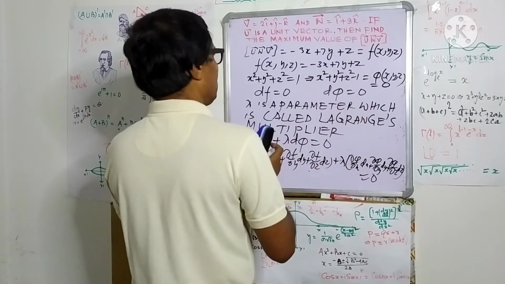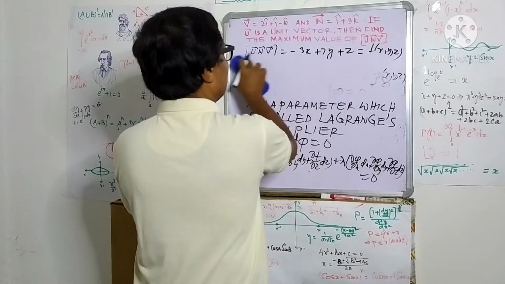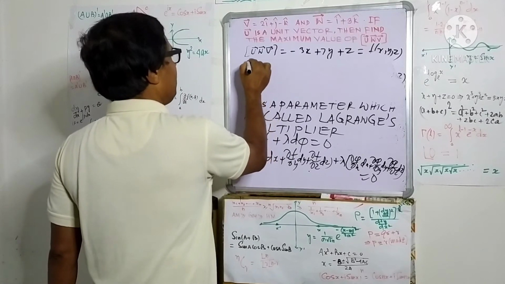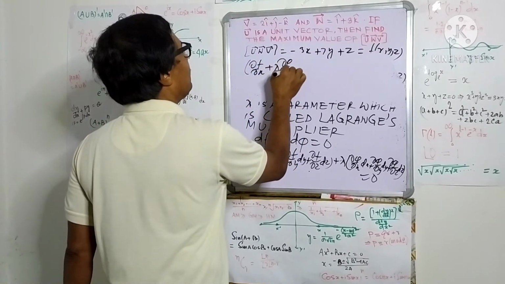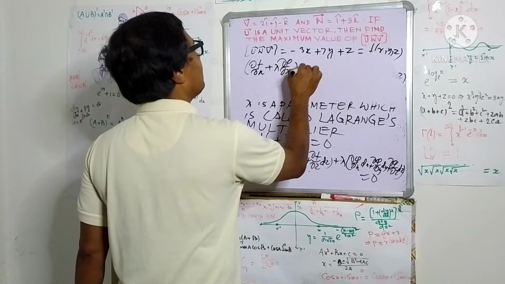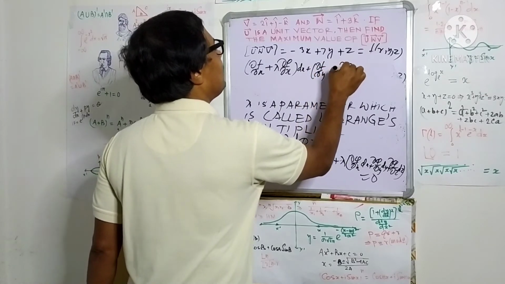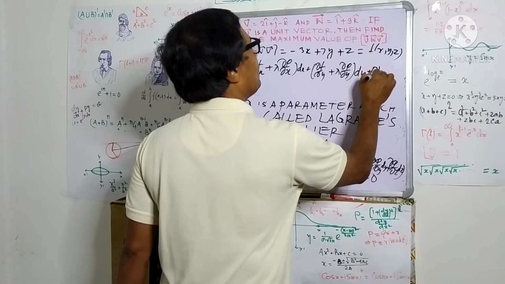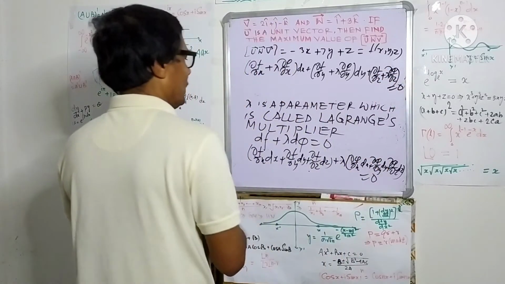If we rearrange this, we get (del f del x plus lambda del phi del x) dx plus (del f del y plus lambda del phi del y) dy plus (del f del z plus lambda del phi del z) dz equal to 0.